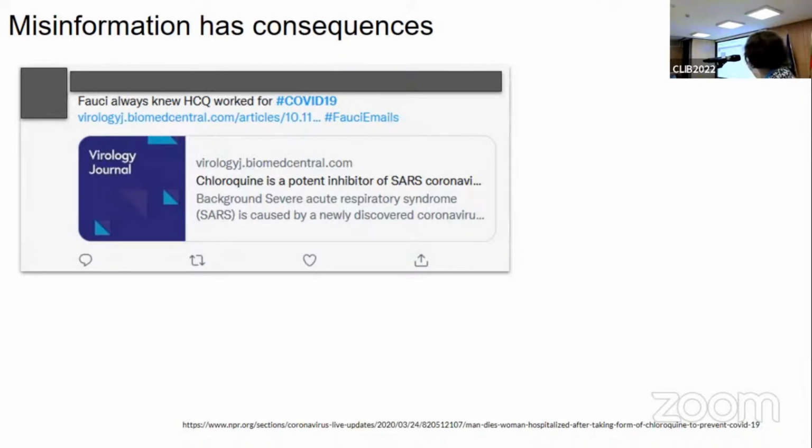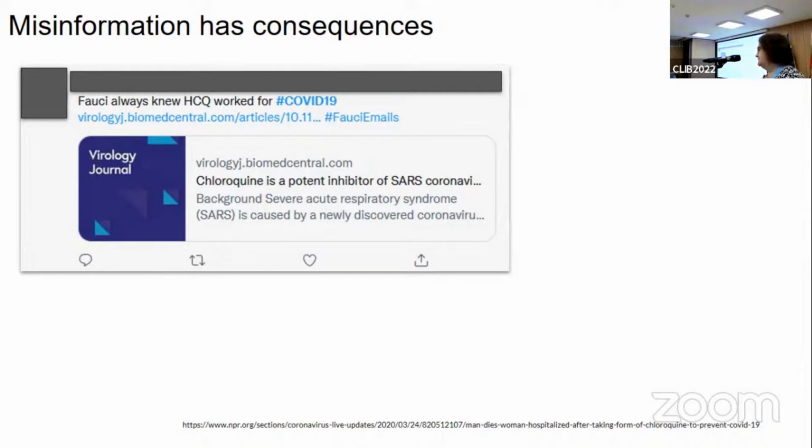If you start reading the article, and I have on purpose chosen a very simple example where you can see this just by the title, the scientific article does not actually talk about COVID-19, it talks about a different disease, which is SARS. However, misinformation has this nature that people do not check carefully what they are reading or what they consume.